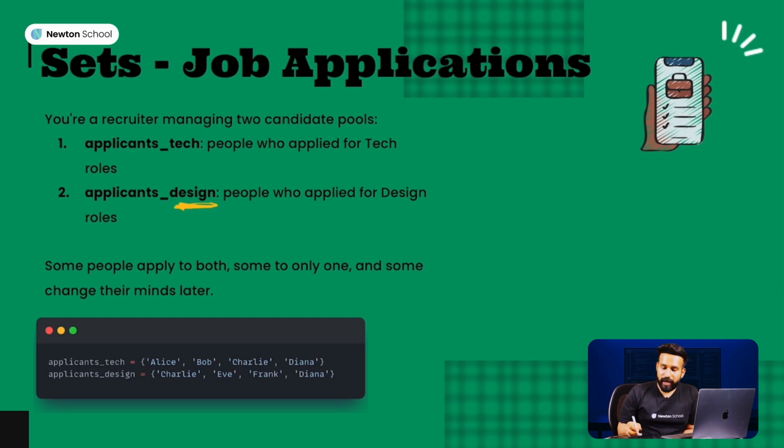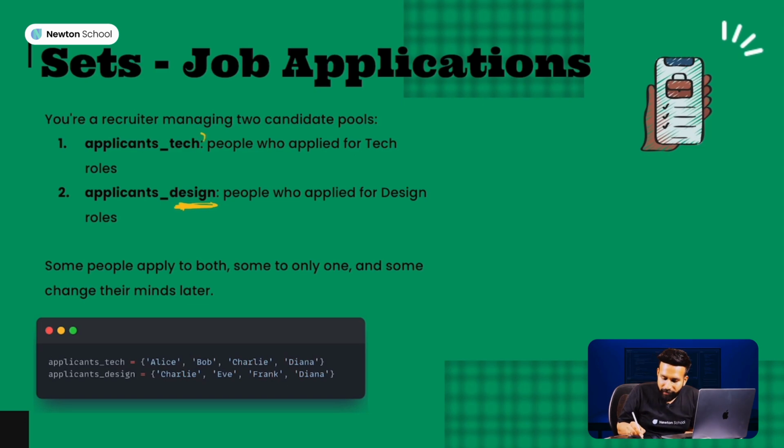So here, as an HR or a talent acquisition manager, I am storing a set of two candidatures. Why set? Because I wouldn't want two same resumes of the same people to be added to my list. I would want all the candidates' applications to be unique.